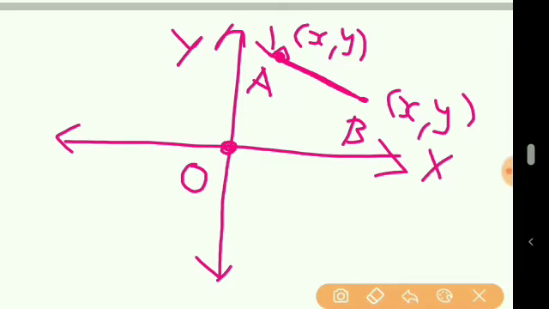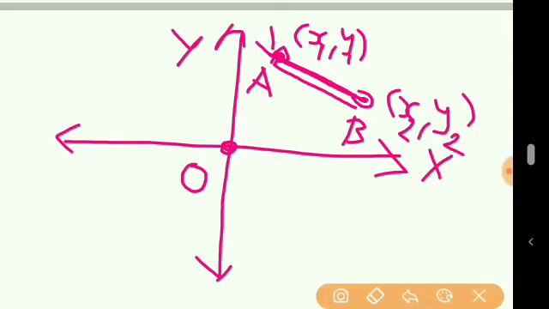Now suppose initially the object is at point A, so we'll consider here that it is at the x1 y1 coordinate, and after that if it moves to the next point B, then suppose the coordinates change to x2 and y2, that means new coordinates are there.